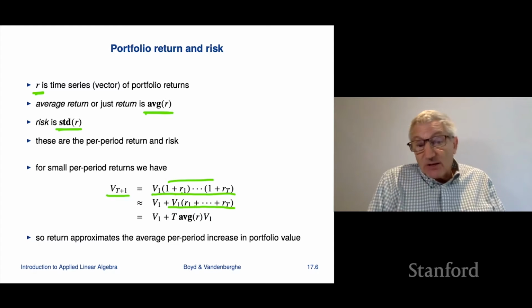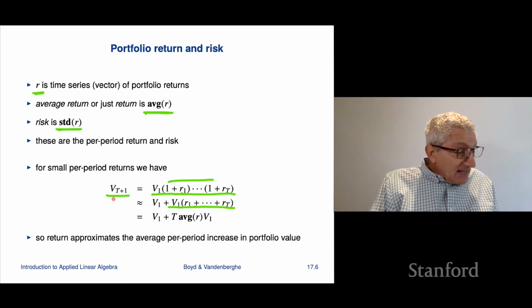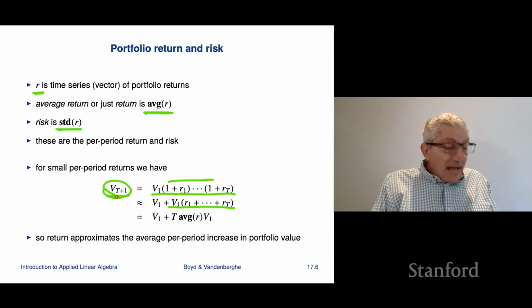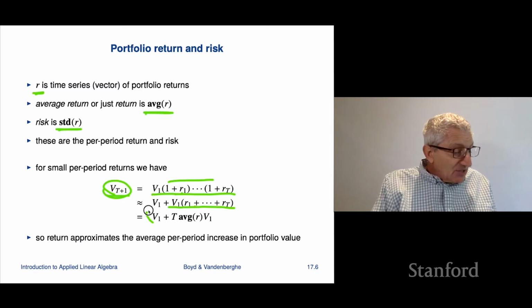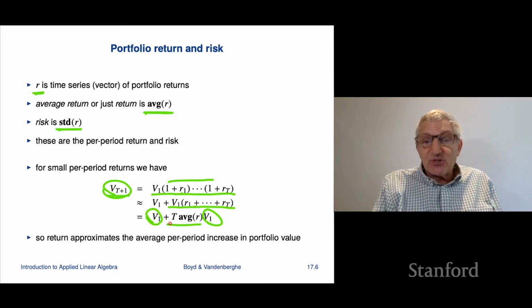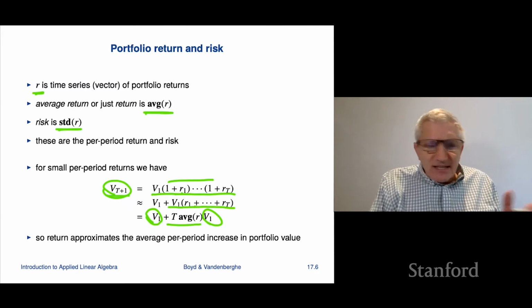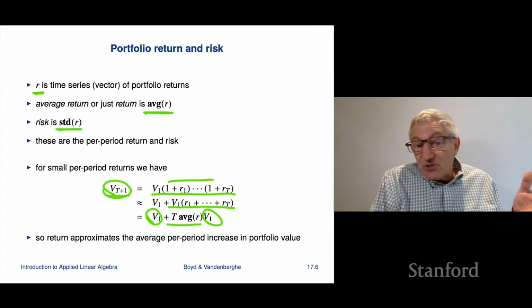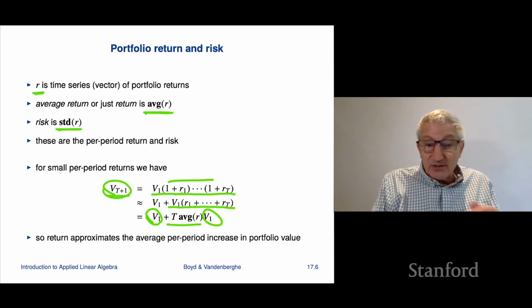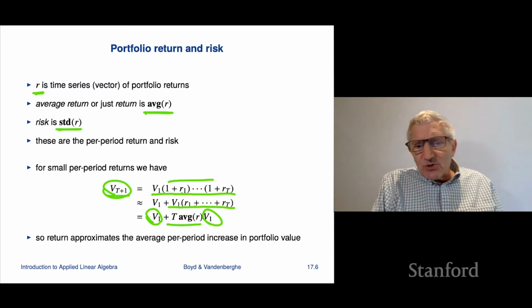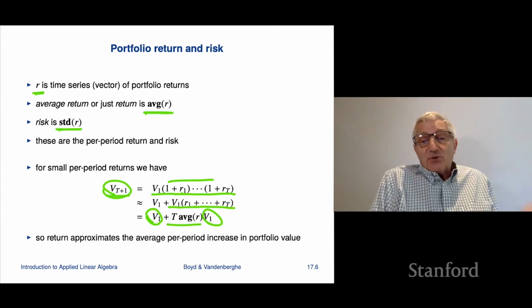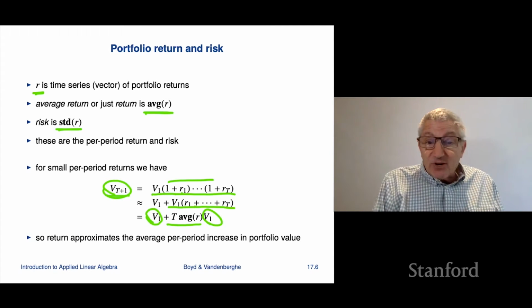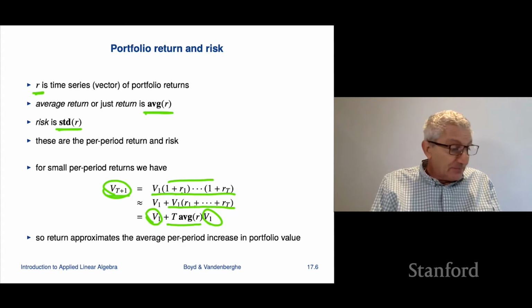So that's the approximation being made here, and it says that your value capital T periods in the future is basically your initial value plus your initial value times T times the average return. So the basic idea is that the average return tells you something about the increase in portfolio value over that period. And look, if the returns are ridiculous things like plus or minus 0.15, 0.2, then this is a crappy approximation. But nevertheless, it's a good one for a lot of situations. It's actually a very good one.